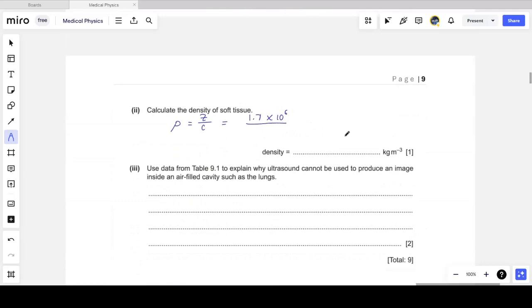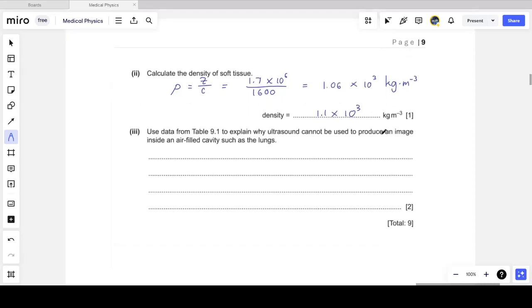These are all in SI units, and my final answer needs to be in SI units, so that's fine. The speed of sound in soft tissue is 1,600 meters per second, and this gives me 1.06 times 10 to the power 3 kg per cubic meter, the SI units for density. And so, to two significant figures, this is 1.1 times 10 to the power 3, or 1,100 kg per cubic meter.